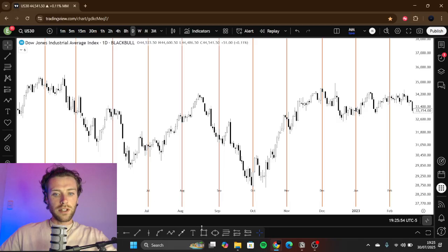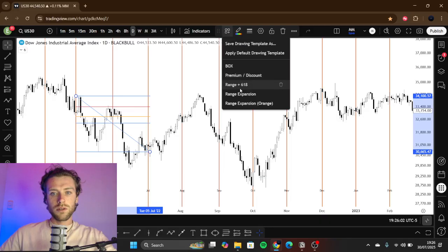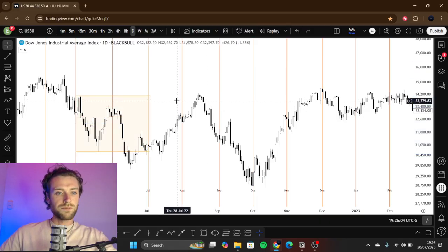So these are now the two areas that we have our eyes on. I'm going to change this to a box. Give me a second. So this is our previous month's range, our high and low, and then we open up here. So once we're here, we're either going to attack the top of the range or the bottom of the range.